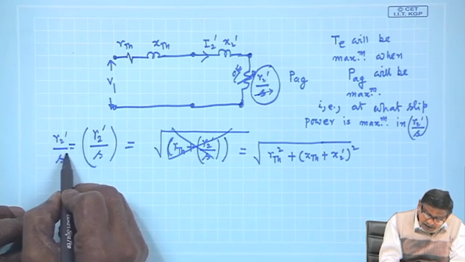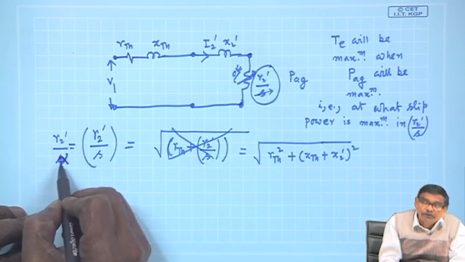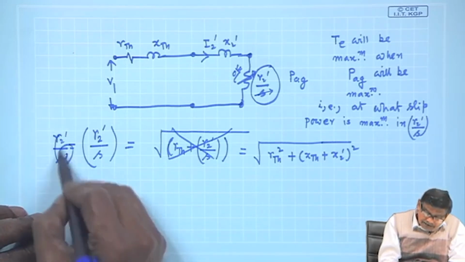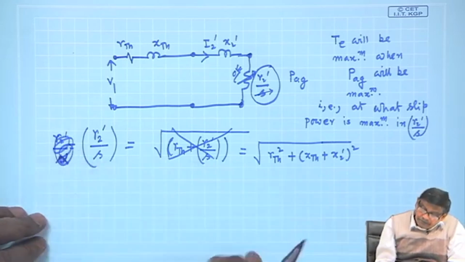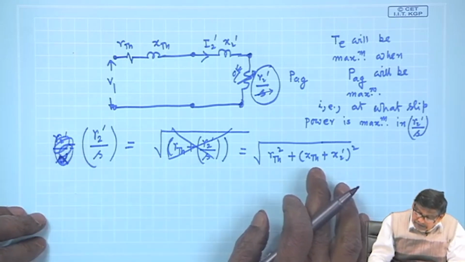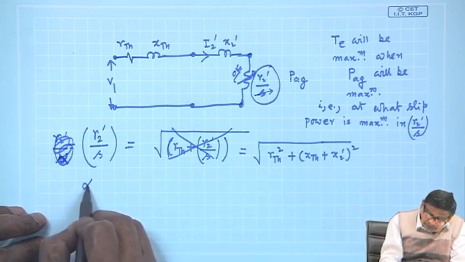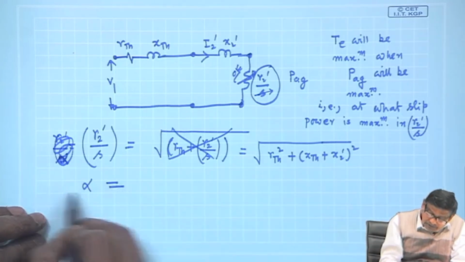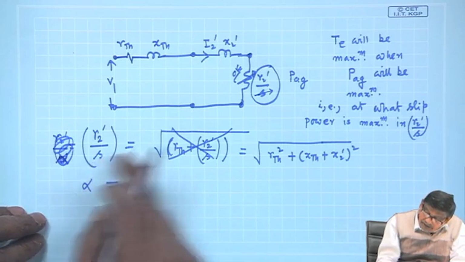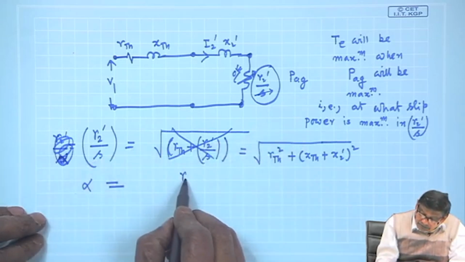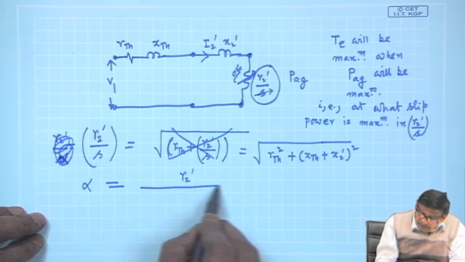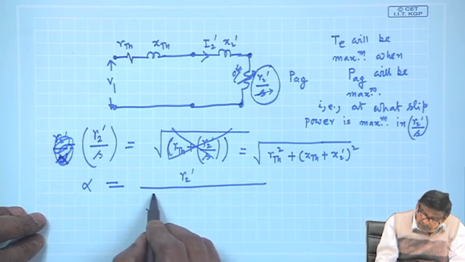I am interested to know what is the value of alpha. Anyway, we put it like this. If this is the case, then the slip at which maximum torque will occur, alpha, is equal to R2 dashed divided by the square root of this one.